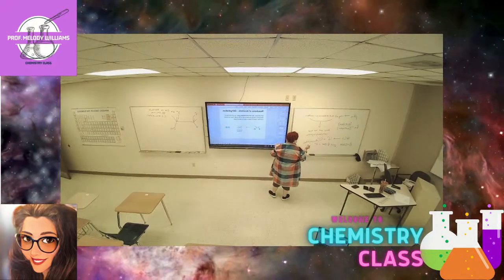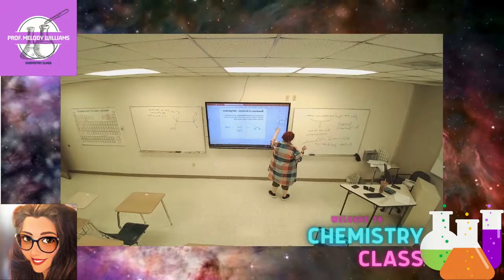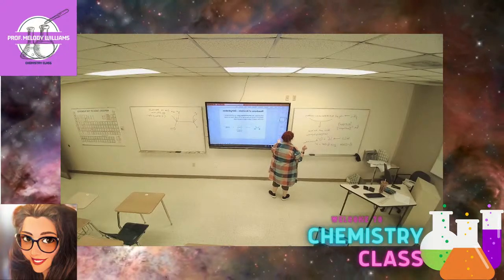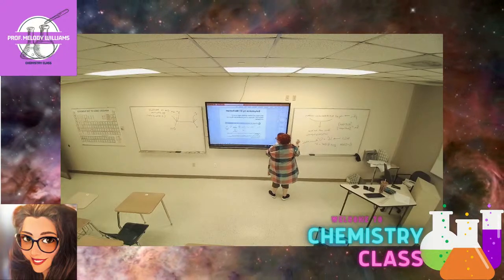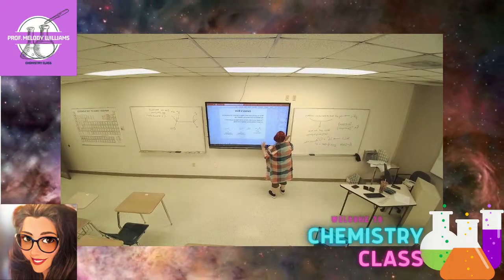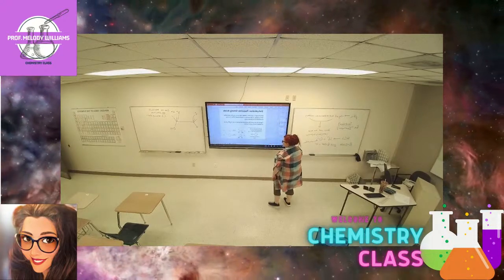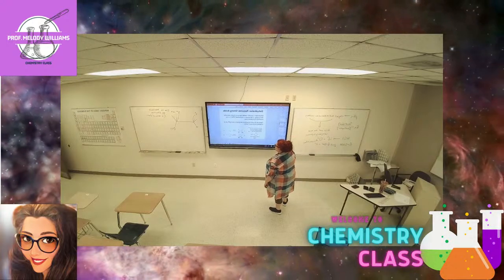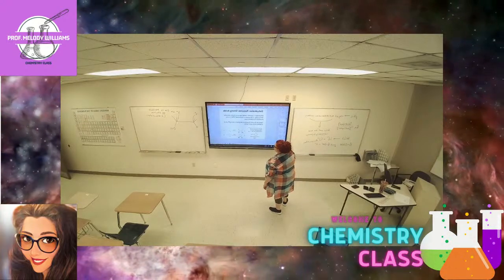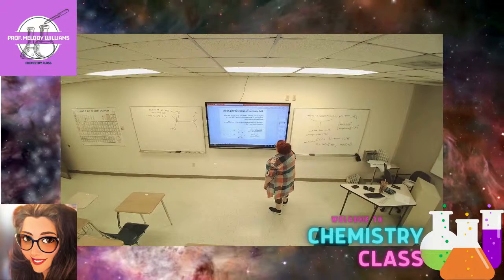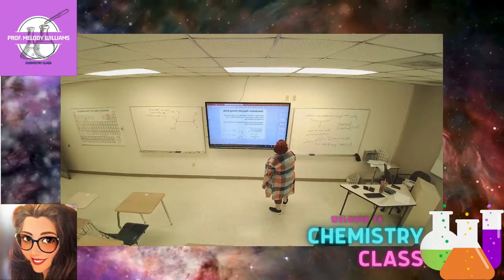Let me see if they've got the arrows drawn out. Okay. Ooh, we'll come back to that in a second. All righty. There's different ways that we can do this.